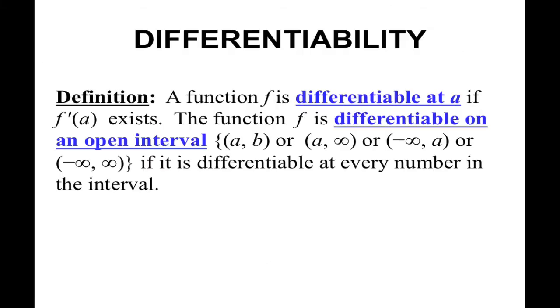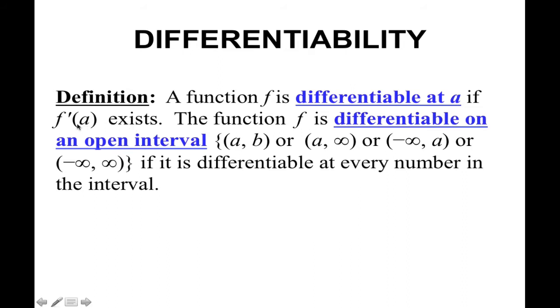All right, our next topic is differentiability. The definition of differentiability is a function f is differentiable at a, and when I say differentiable, that means that you can draw a tangent line on the curve at that specific x value a, if f prime of a exists.